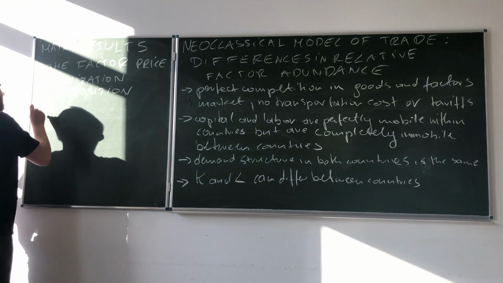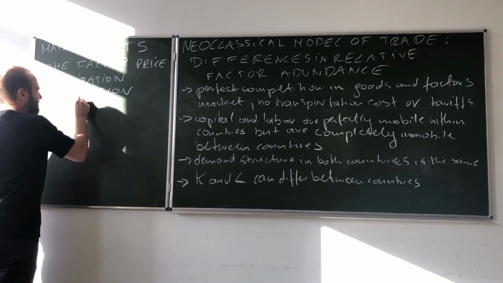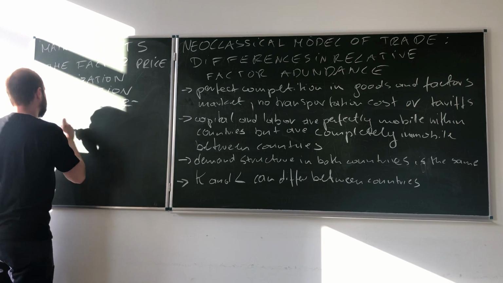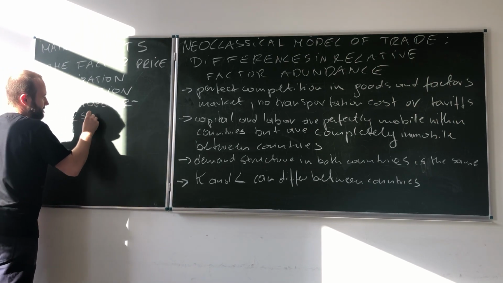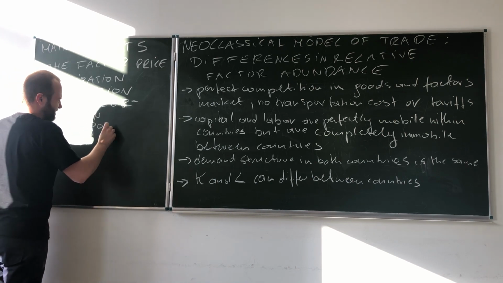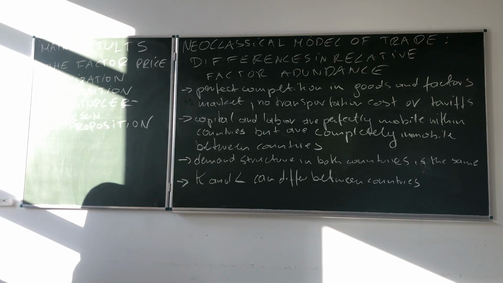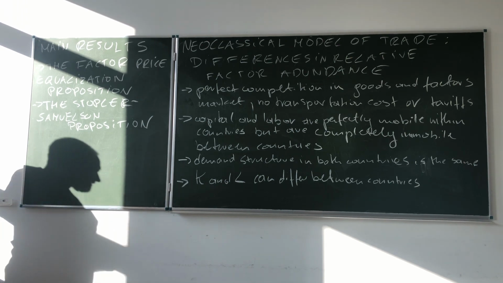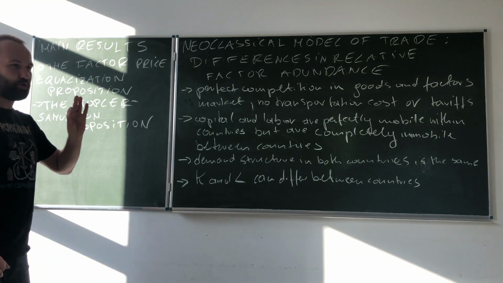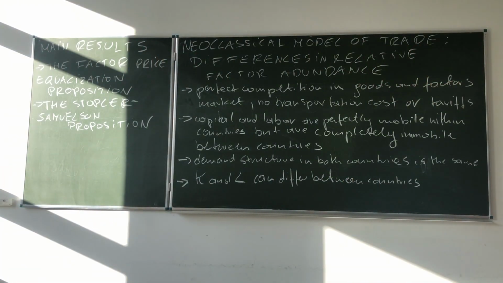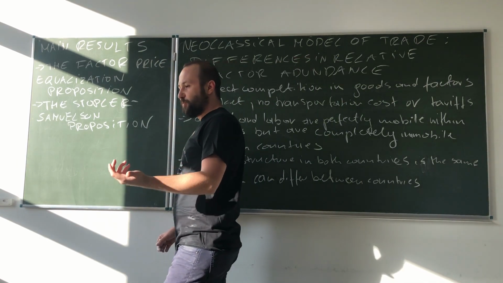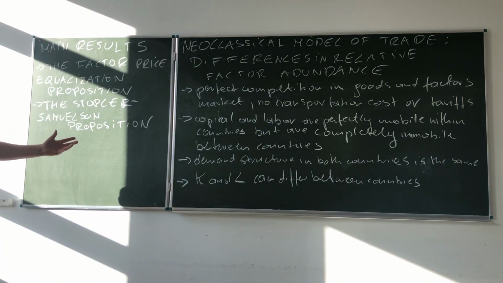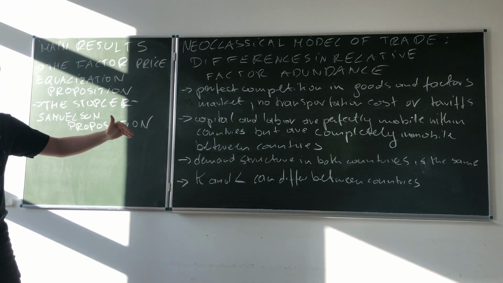Okay, then we've got the Stolper-Samuelson proposition. The Stolper-Samuelson proposition basically states that if we have two goods, like in our model, and the price of one of these goods is increasing, we should expect that this will have an impact on the reward of the factor of production that is used intensively in production of this good.